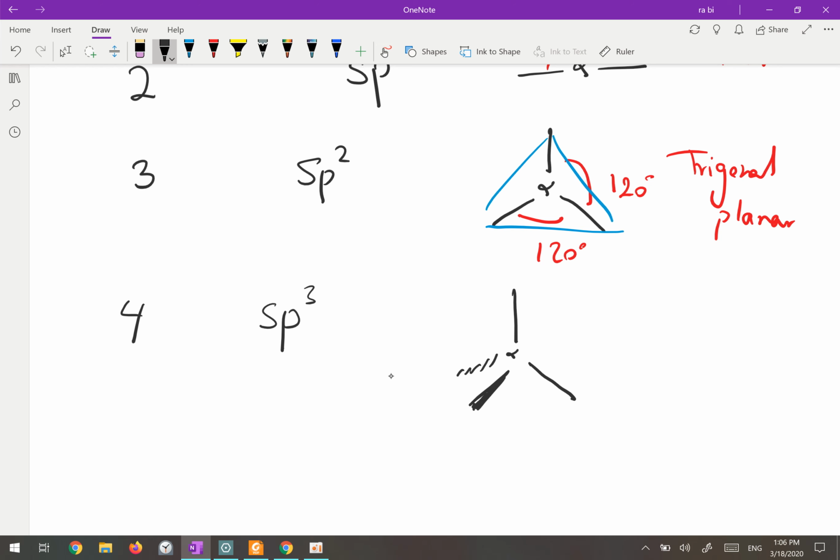These two bonds that you can see here, or these two domains, are on the plane. This one is coming out of the plane, this one goes inside the plane. So we draw it three-dimensionally. The angle between all of these domains is 109.5 degrees. This arrangement is called tetrahedral.